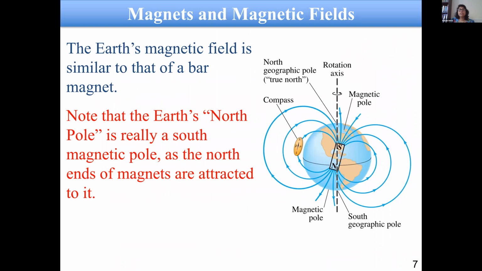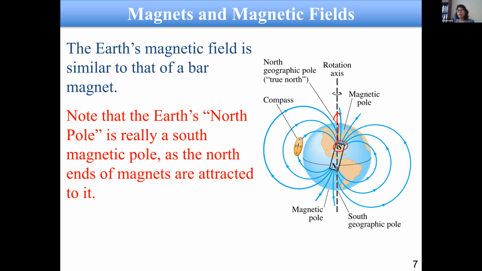Now the Earth itself has a huge magnet at its center. That magnet has a north and south, but don't confuse it with geographic north and south, which are different things. You can see it here. This is the geographic north label, but it is actually the south pole of the magnet.